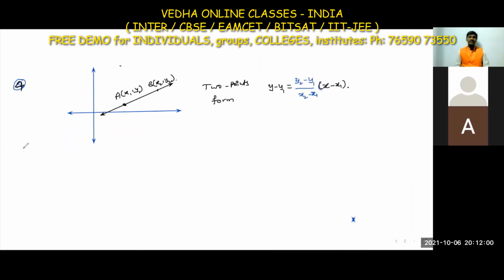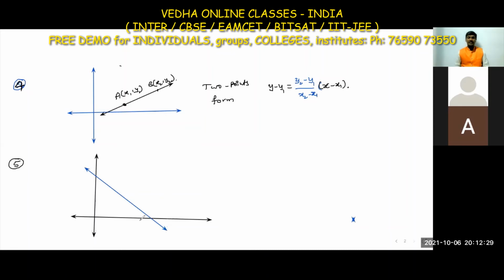So after this, what do we have? When we know the two intercepts, here this is the x-axis and another one is the y-axis, both intersecting here.